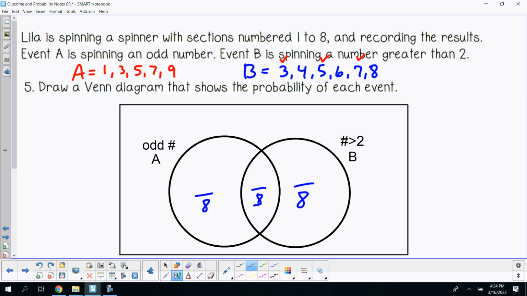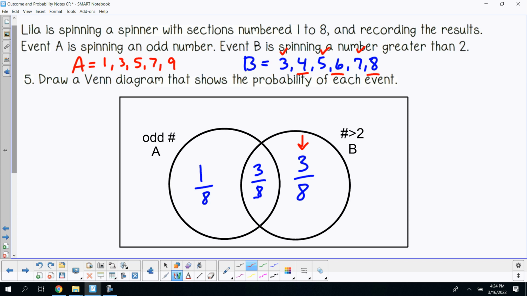So only one of those is going to go in just the odd side of our Venn diagram. 3 out of those 8 are going to end up in the middle because we share those 3 with the event, or the possibility of rolling greater than a 2. And that leaves us with 3 left over for our event possibility of rolling a number greater than 2. So those 3 are represented right here.